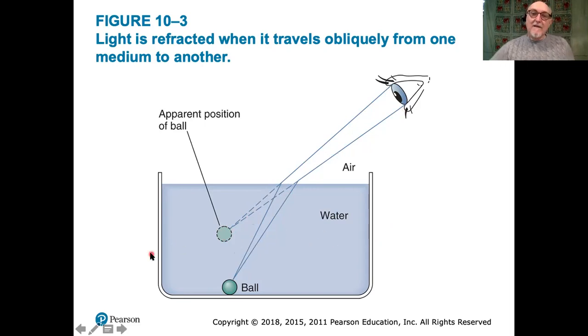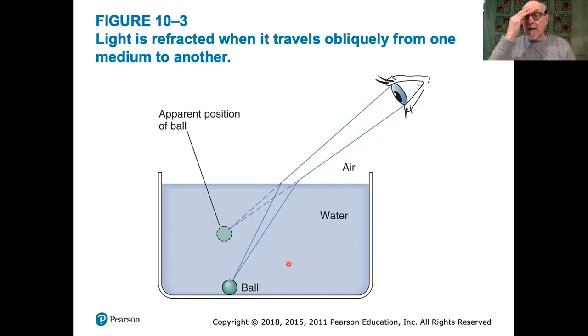This is why it's very difficult for us to tell the depth of water, of a pool of water or a swimming pool or whatever. It's very, very difficult to tell what the depth is by looking at the bottom, because you see the bottom as being much shallower because the light rays are refracted. So water has a certain refractive index, so does glass.